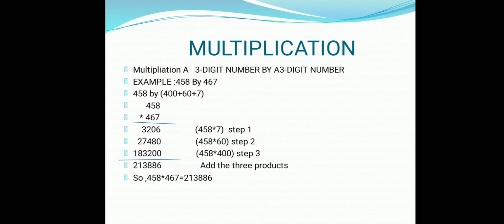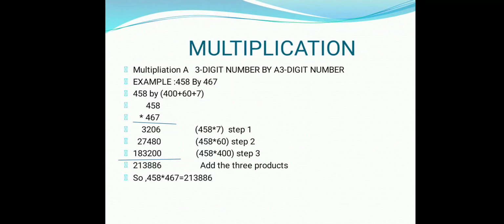Start multiplying from ones place. 7 into 8 is equal to 56. 6 should be written in ones column and 5 carry over. 7 into 5 is 35. The 5 which was carried over should be added. The sum becomes 40. 0 in tens place and 4 shall be carried over.